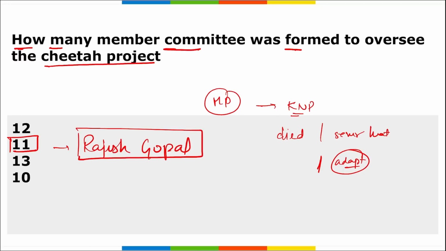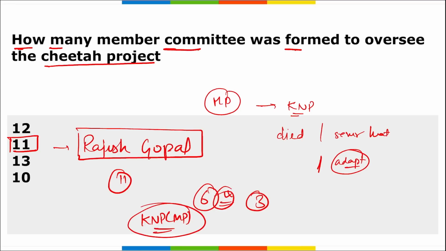This 11 member committee will be headed by Rajesh Gopal. Correct? And this committee was formed after the death of 6 cheetahs, including the 3 newborn cubs, within a period of 2.5 months in the Kuno National Park of Madhya Pradesh. Correct?